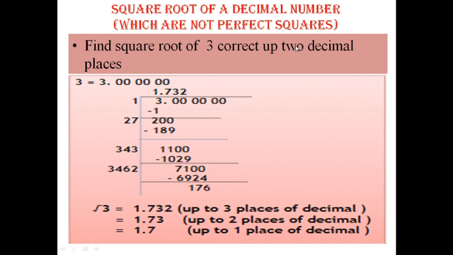Now they have asked 2 decimal places, so you will write 3 pairs. Suppose they are asking about 3 decimal places, then you will write 4 pairs of zeros. Now let's start the question.